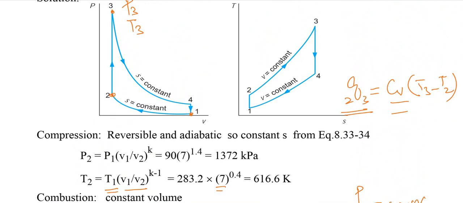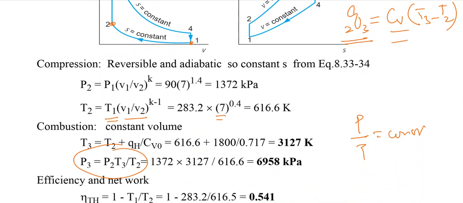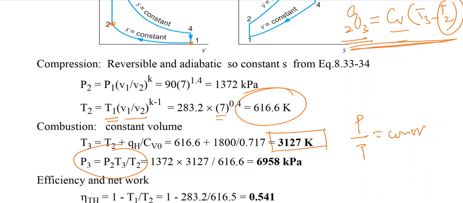The temperature T3 we need to find out, and the T2 has already been found, which is 616.6. Arranging this equation, T3 is equal to T2 plus QH from 2 to 3 divided by Cv, which is 0.717. Putting the values, you can find the peak temperature, which is equal to 3127 Kelvin.